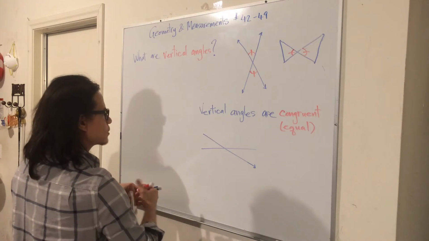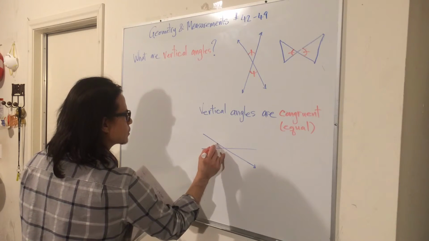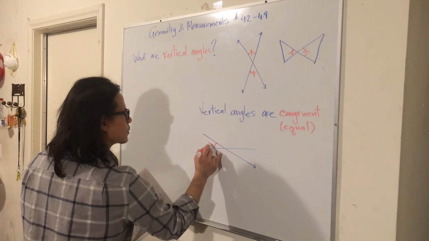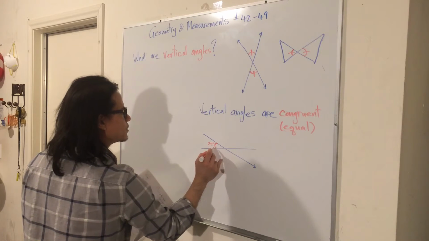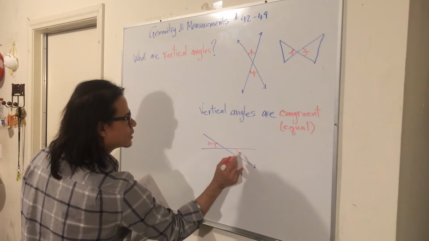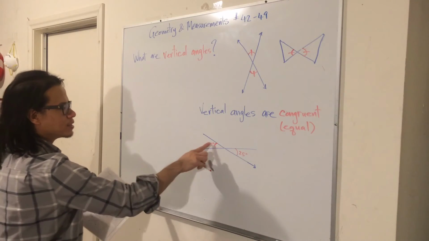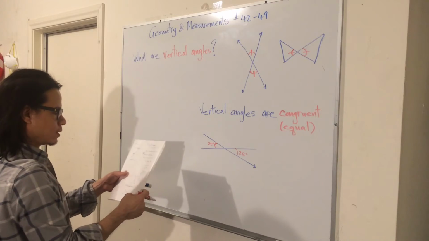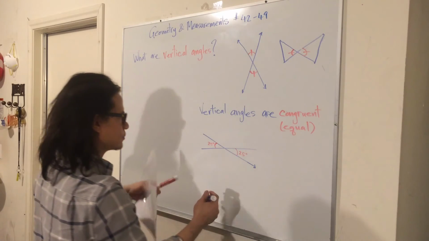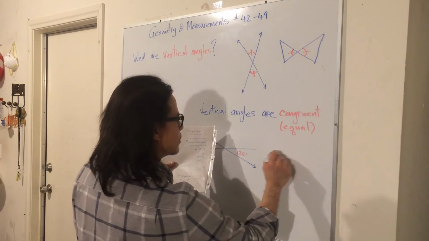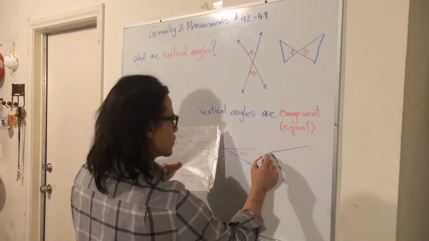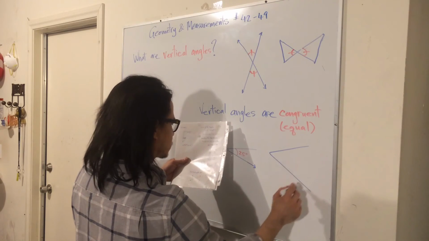Let's say this is 25 degrees. If this is 25, this guy needs to be 25 degrees because they are vertical angles of each other. I'm having a blast drawing these angles here, so hoping you are too.